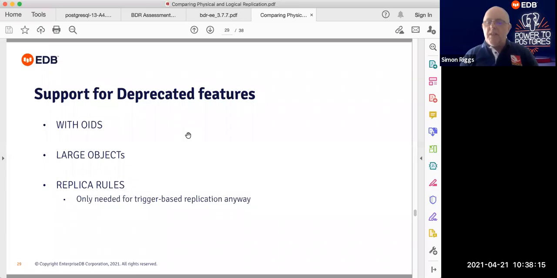BDR works with EPAS as of the 3.7 release, which is in mid-May. So we're about 3 or 4 weeks away from that being released. I can tell you it does already work perfectly fine, but the actual release is not yet out.